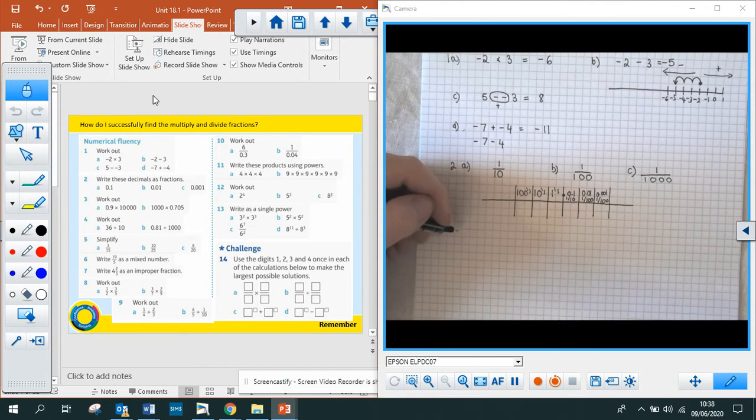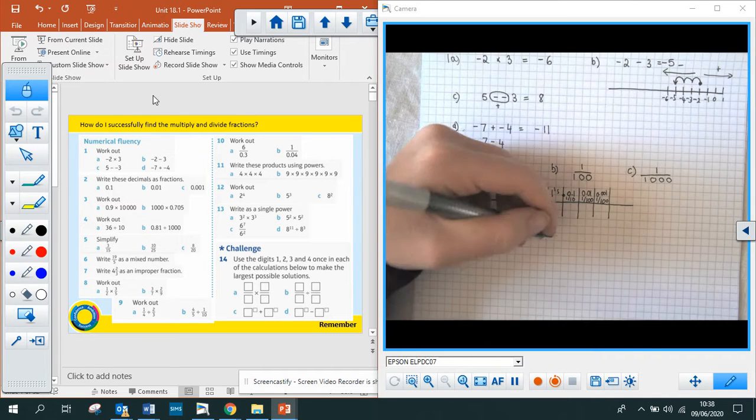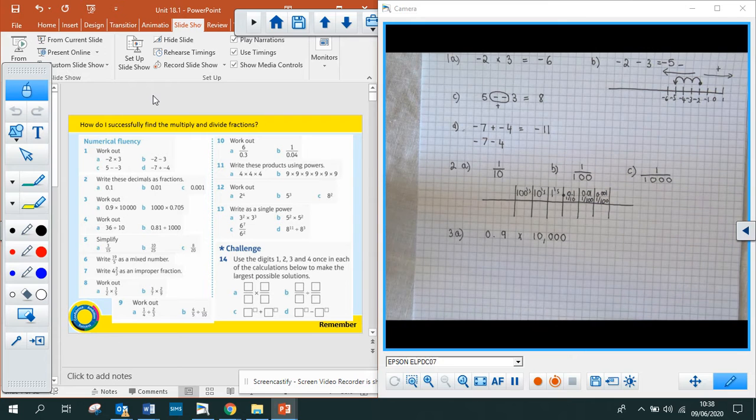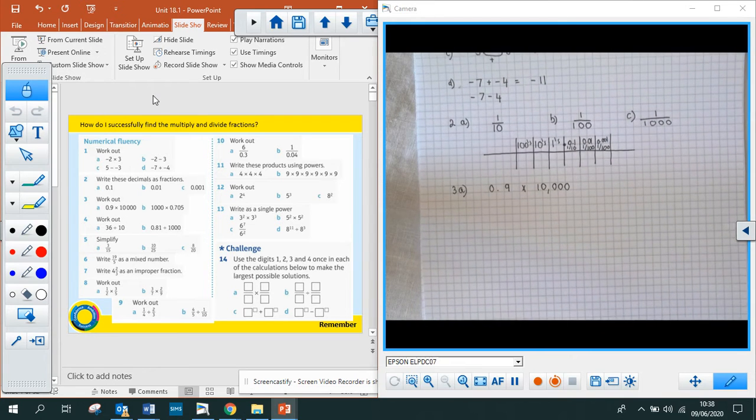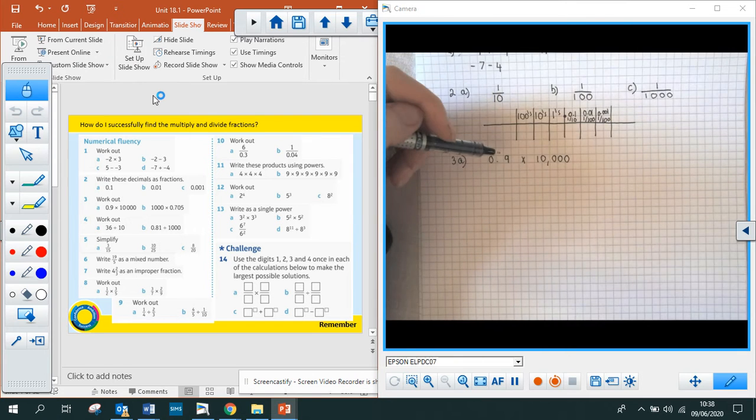We've got 3A, and we are doing 0.9 multiplied by 10,000. We are making 0.9 10,000 times bigger.